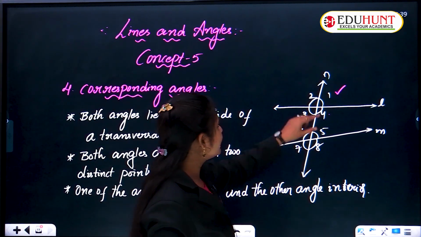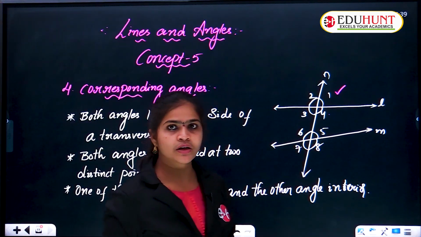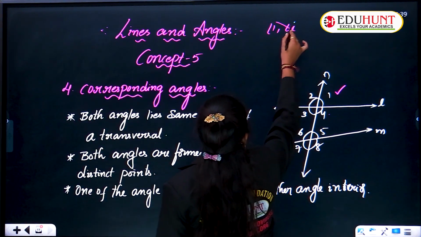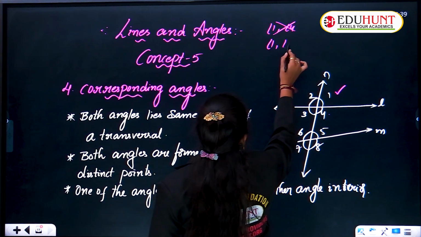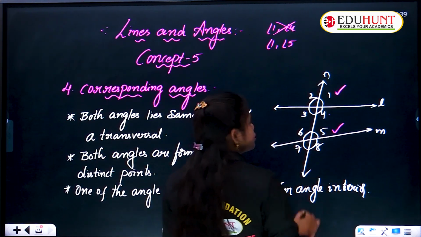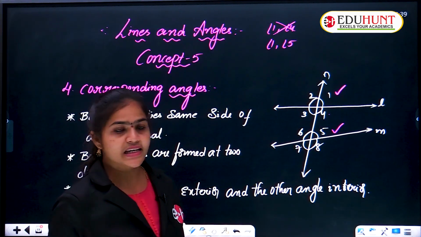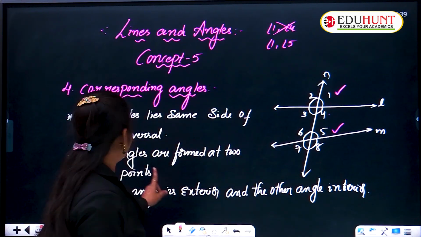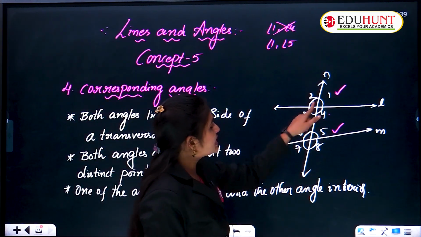Okay, then check 1 and 5. Angle 1, angle 4 are not corresponding. Now angle 1, angle 5. Those two lie on the same side of a transversal. So the first point is satisfied. Second point, both angles are formed at two distinct points.